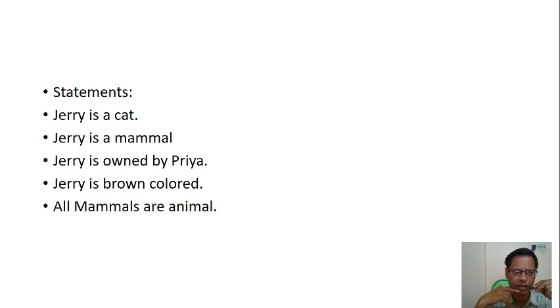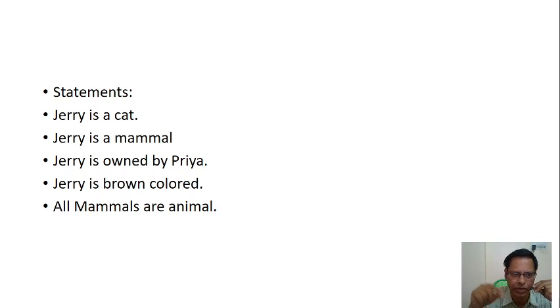The statements are, for example: Jerry is a cat, Jerry is a mammal, Jerry is owned by Priya, Jerry is brown colored, all mammals are animals. Here the word Jerry is repeatedly displayed.